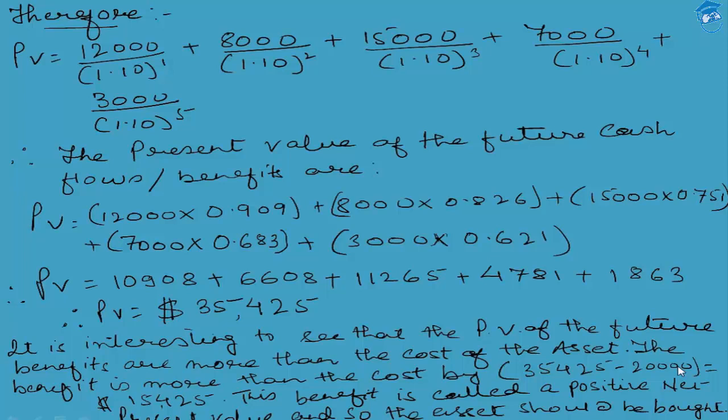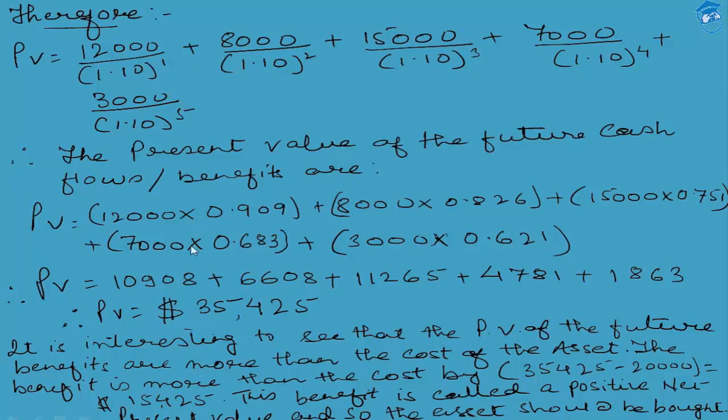And if the answer is yes, if we say that yes, the gross present value of the asset is more than the cost of the asset, then only we are having a net present value of 15,425, which is a positive amount. It means the gross present value of the future estimated benefit is more than the cost of the asset, which is thereby leaving us a corpus of 15,425, which in itself is the present value of the benefits which shall be expected to be earned for the 5 years down the line.